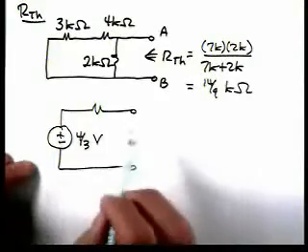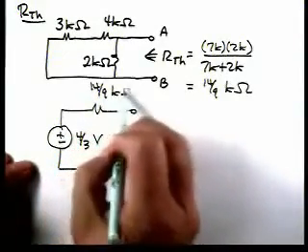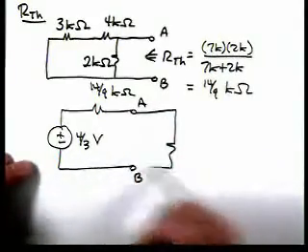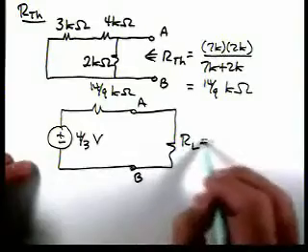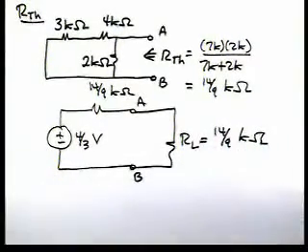So our Thevenin equivalent then is 4/3 of a volt, 14 over 9 kiloohms. For maximum power transfer, we want to set RL equal to 14 over 9 kiloohms.